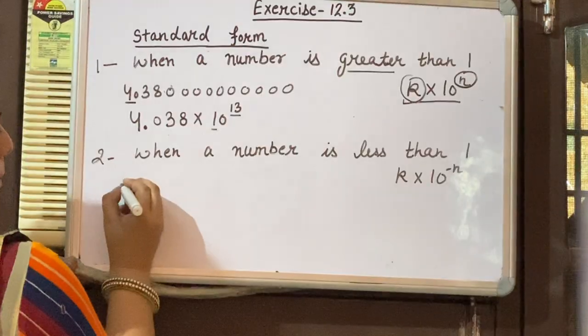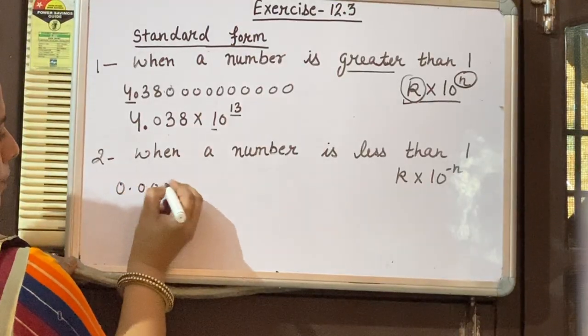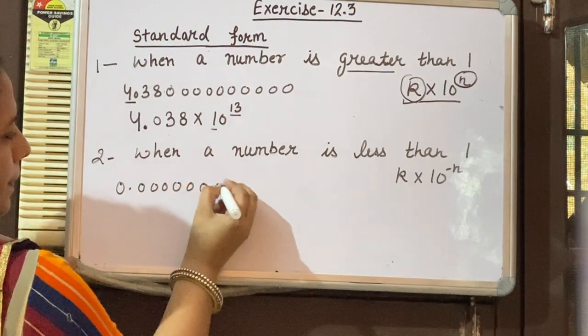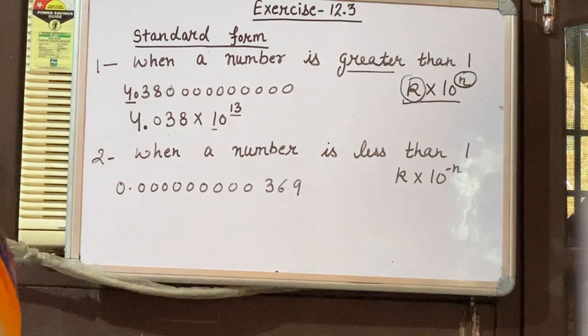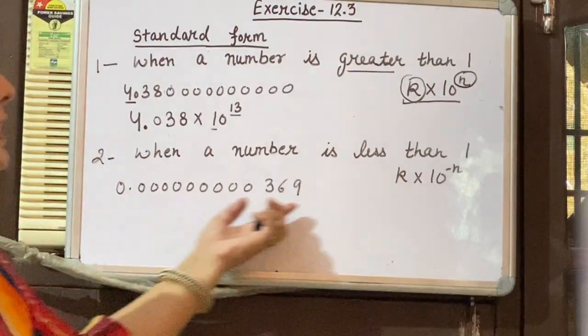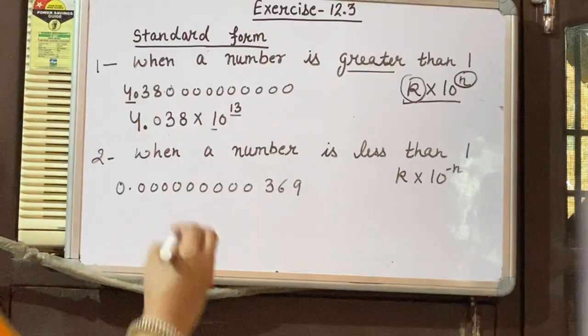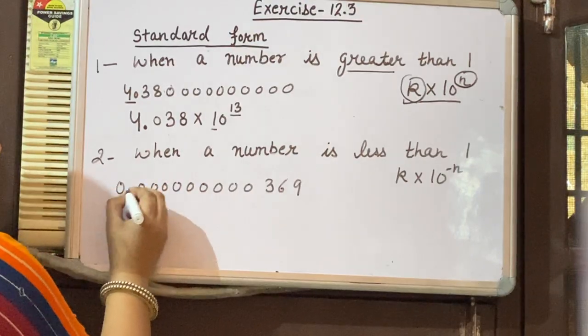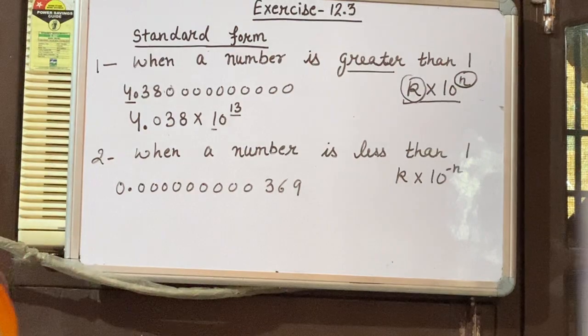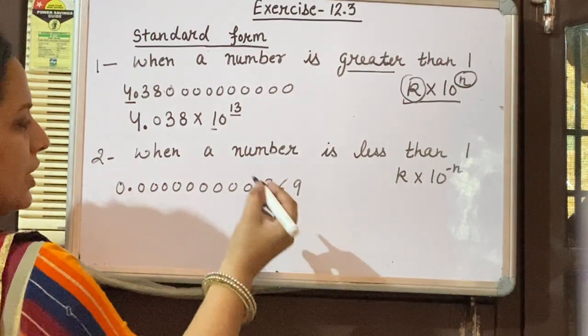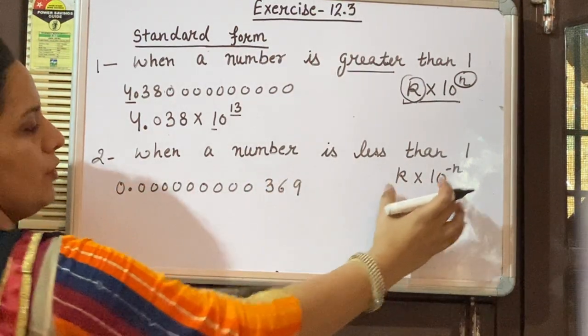Let's take an example. As we can see, this number is less than 1 because there is a decimal point, 0.00000. It is very difficult to read, but in standard form we will change it into a very easy form.